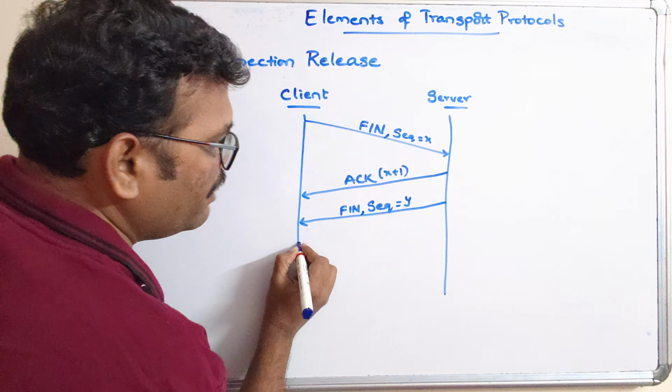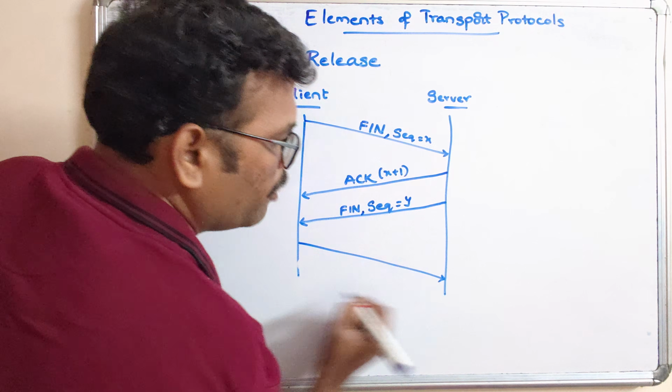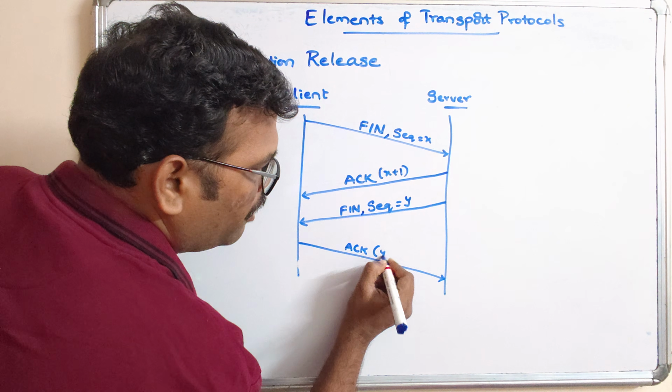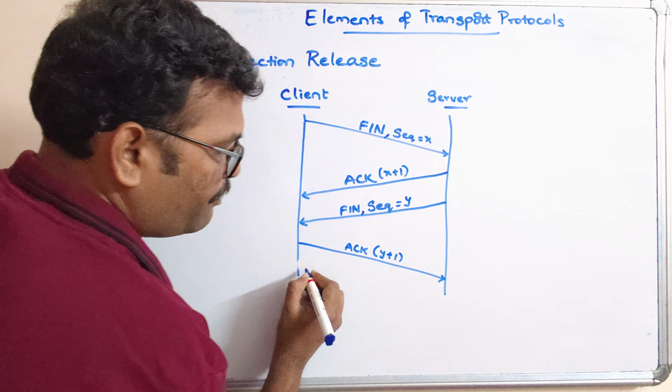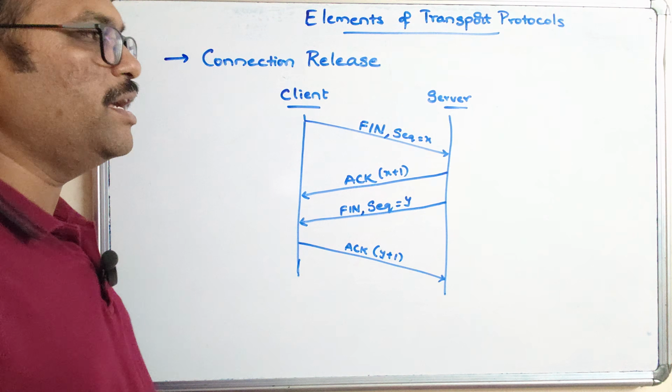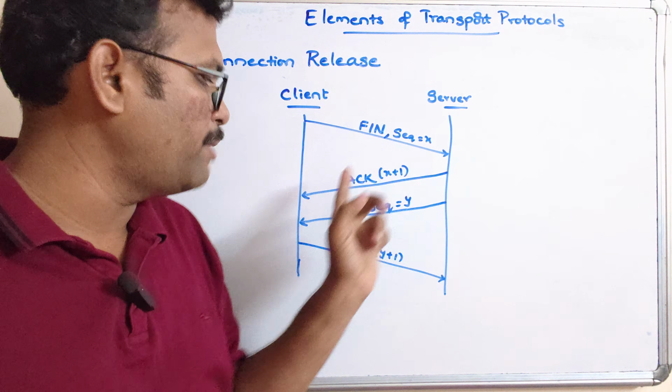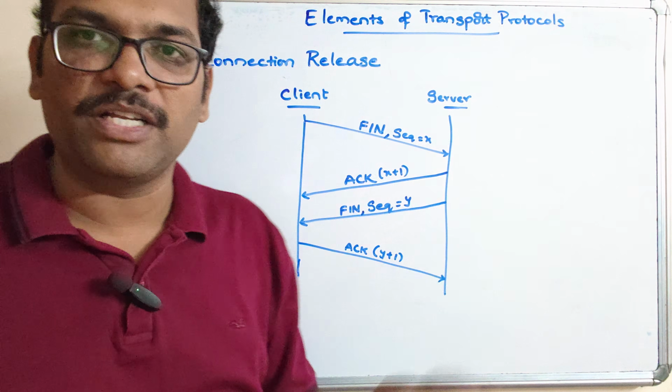Again the client will be sending one more message called acknowledgement for the message sent by the server. So acknowledgement of y plus 1. Y is a sequence number given by the server.